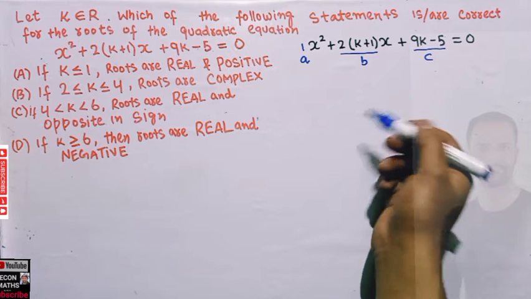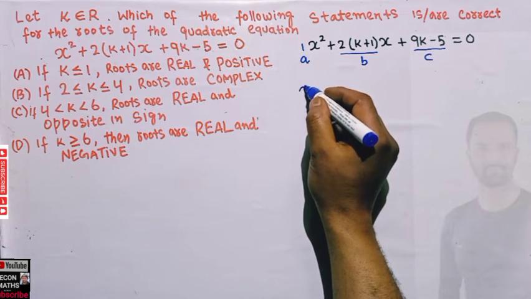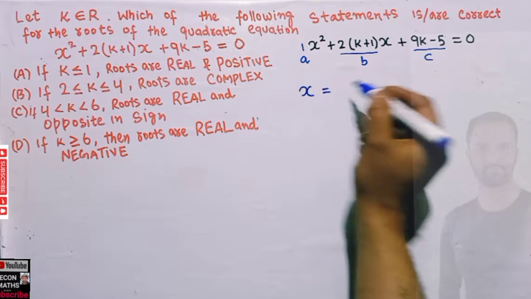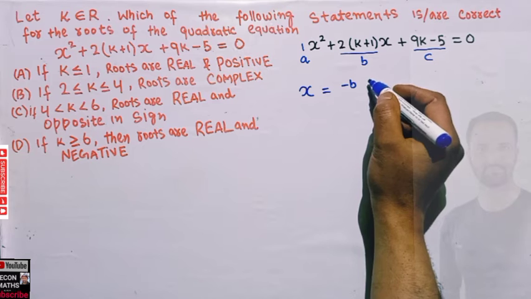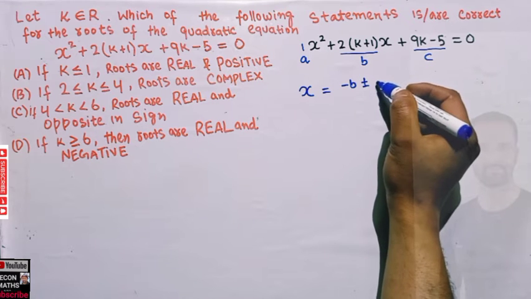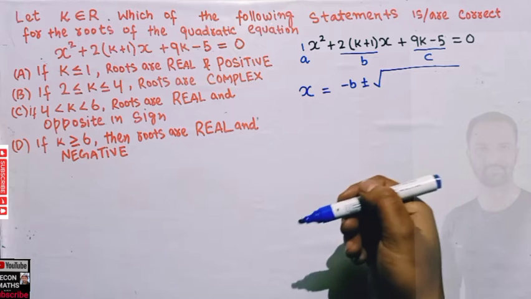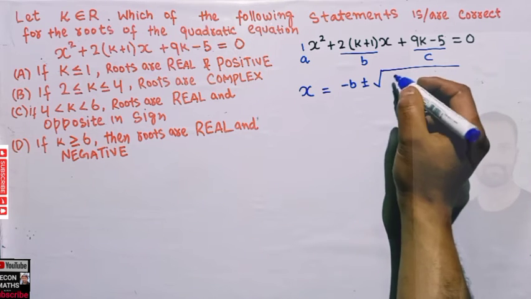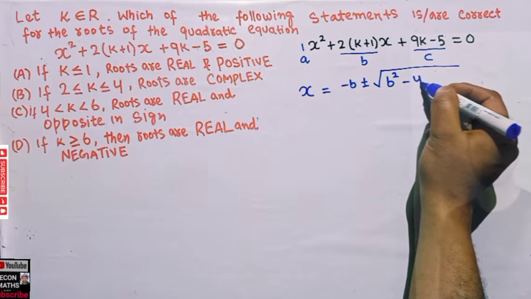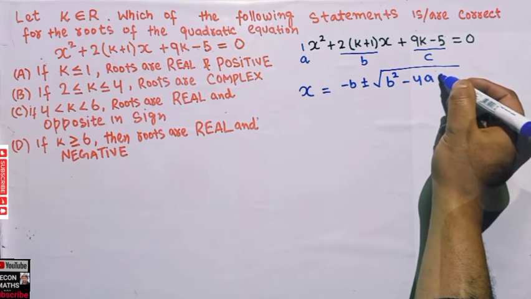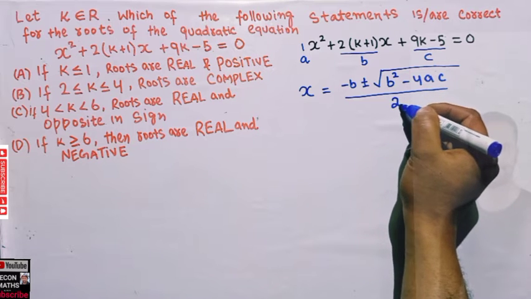First I will write the quadratic formula: x is equal to minus b plus minus under root of, I know you know it is from basic mathematics, b square minus 4 into a into c, upon 2 times a.